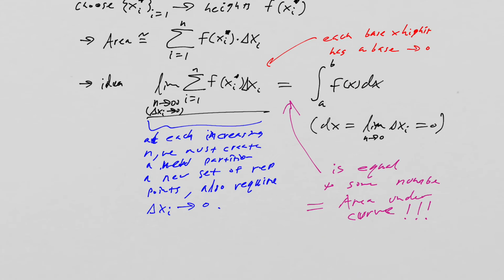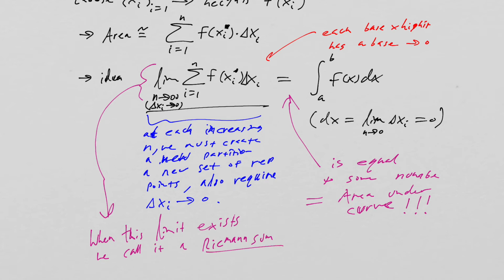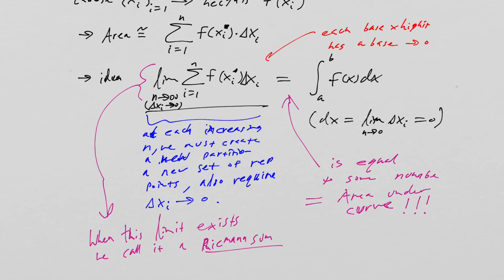So one thing we're going to say is that this object here, when this limit exists, we call it a Riemann sum. Okay, and this Riemann sum obviously is named after a person called Riemann from long ago.